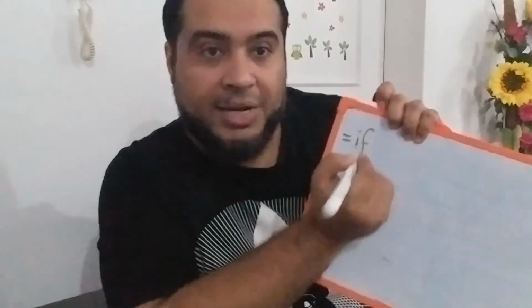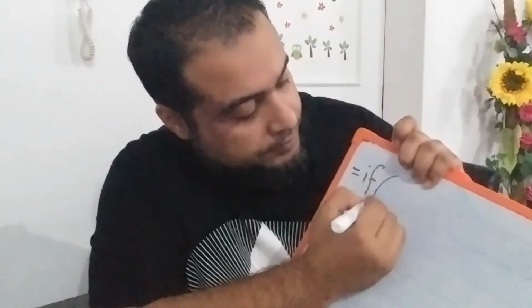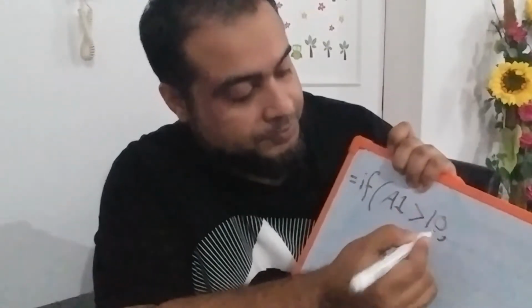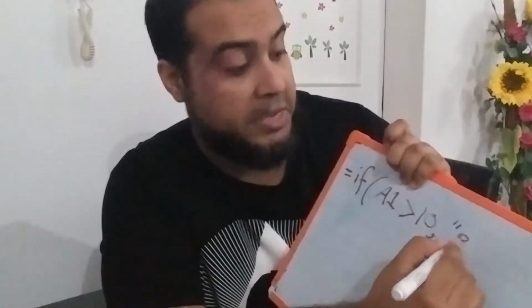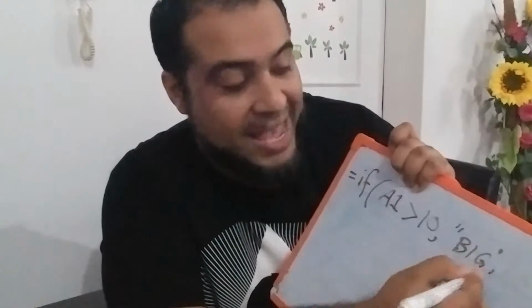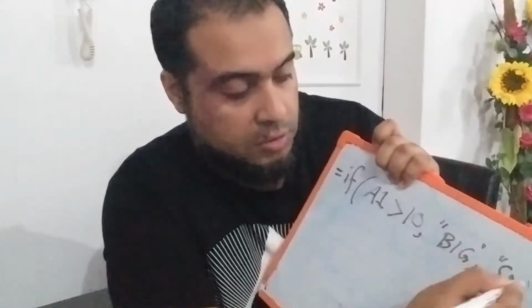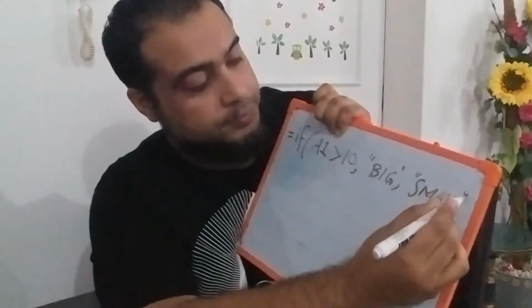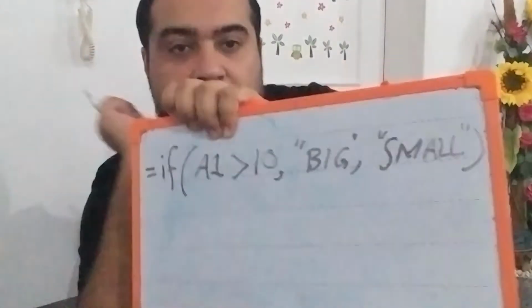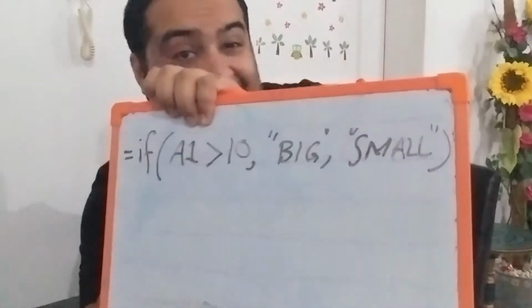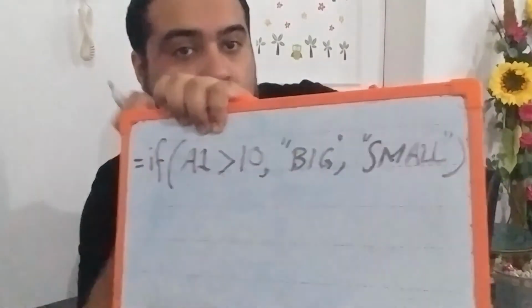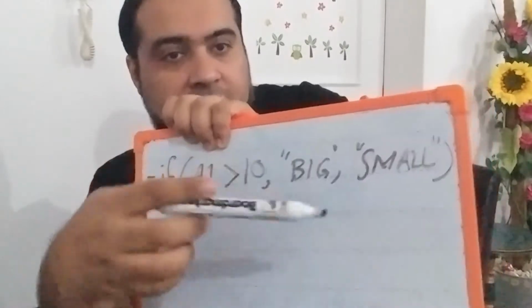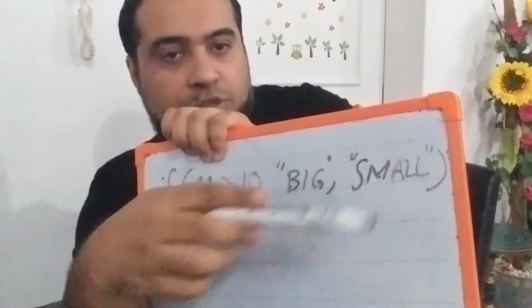Your command is normally if A1 is greater than 10, then big, else small. So normally this is how you put the command in Excel, right? So if cell A1 value is greater than 10, do this, else do this.